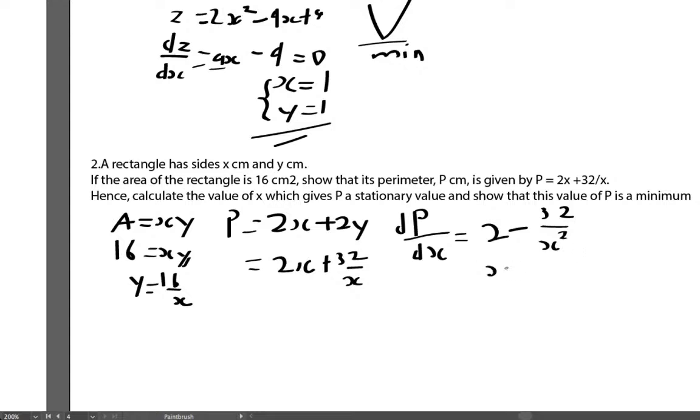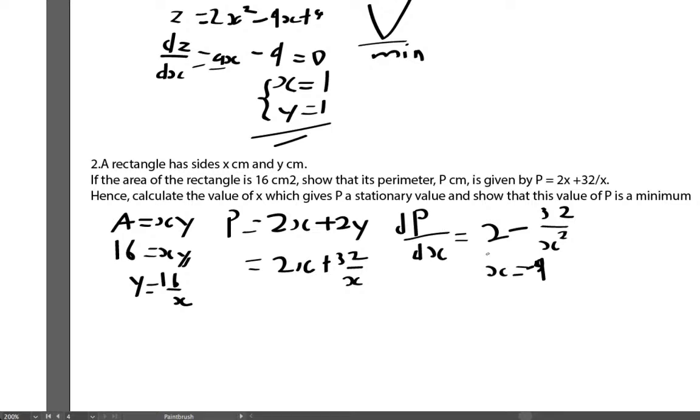x is 4, plus or minus, but in this case it must be 4 because we are talking about length. So when x is 4, that would give you a stationary value. Well, how do you know that the value is stable?